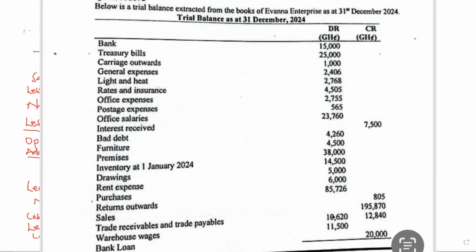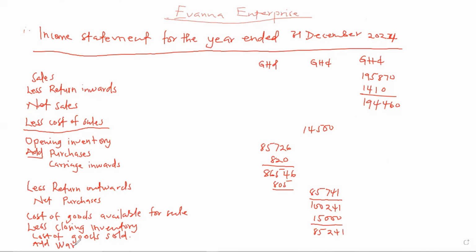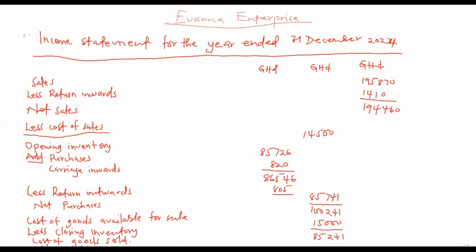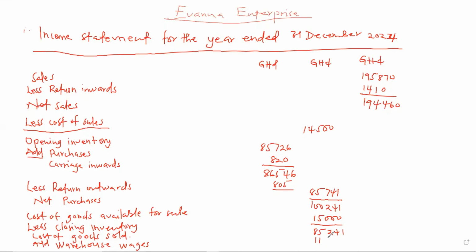When it is only wages, just like warehouse wages in the question, we add it to the cost of goods sold. So we add warehouse wages, which in the question is 11,500.